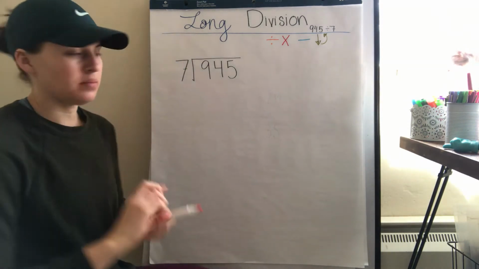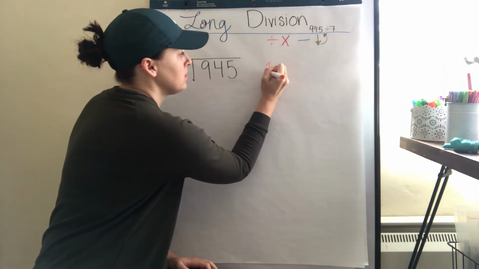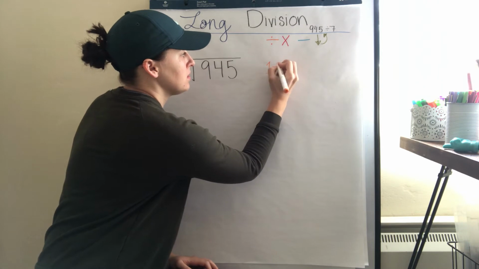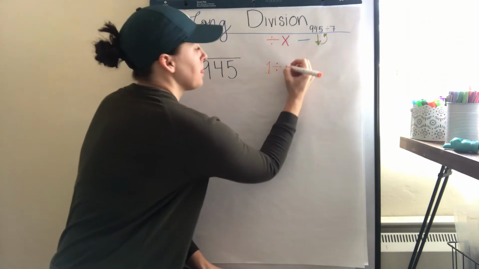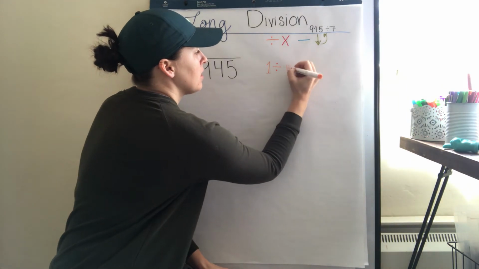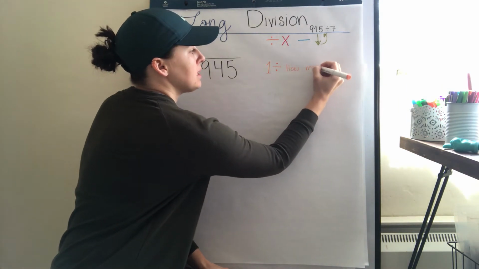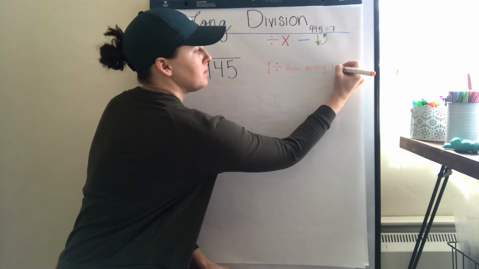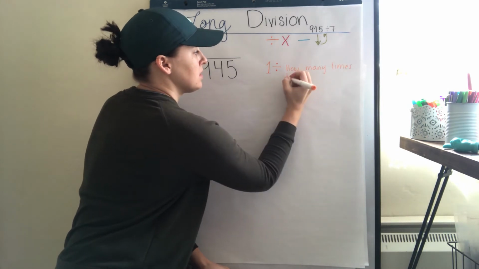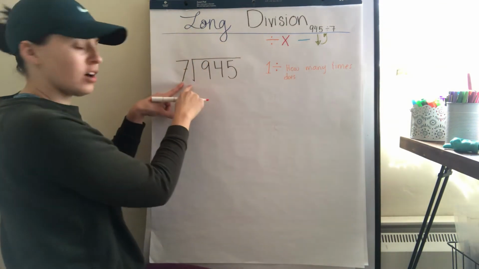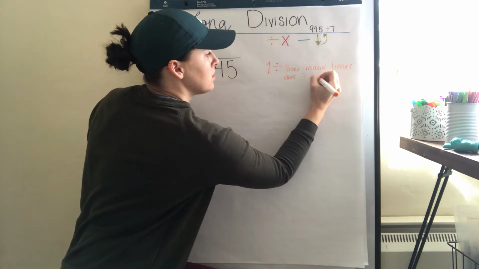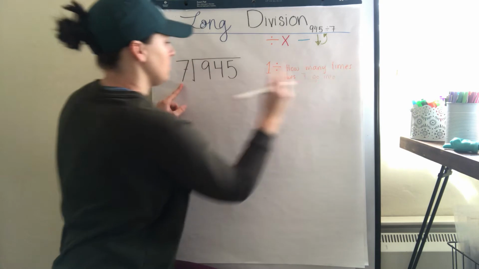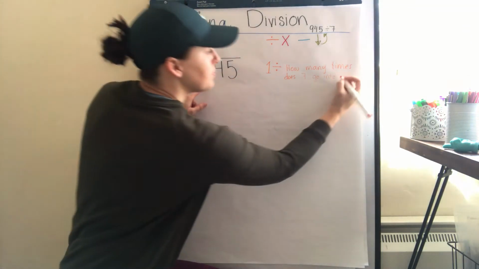So our first step is divide. So we need to ask ourselves, how many times does our divisor, or 7, go into 9?